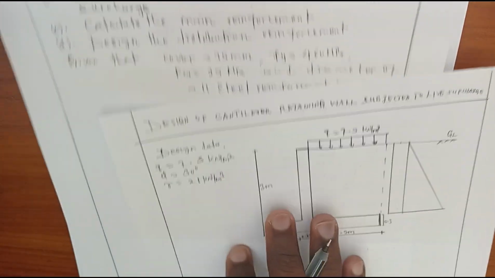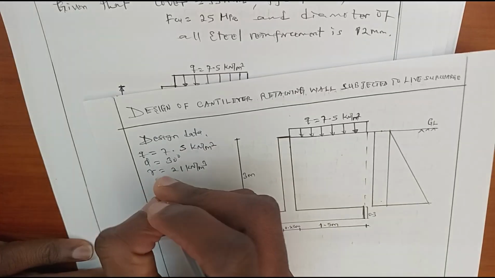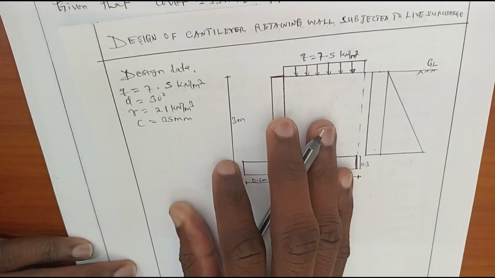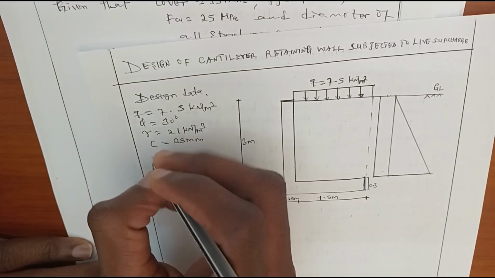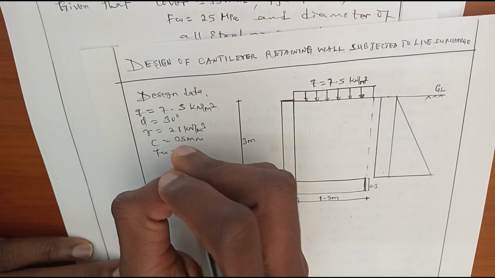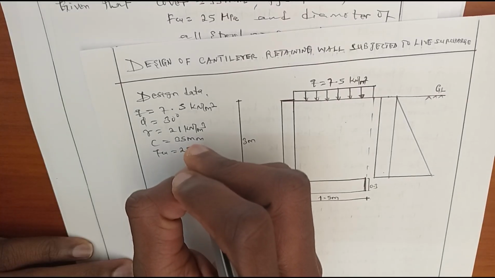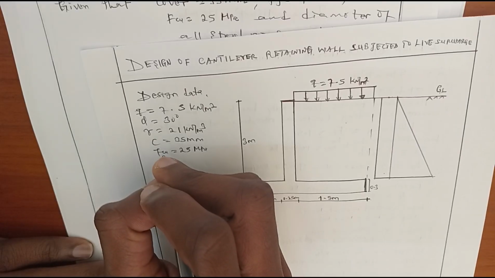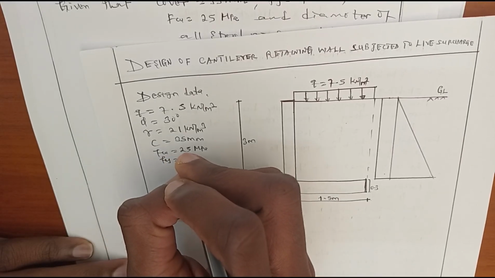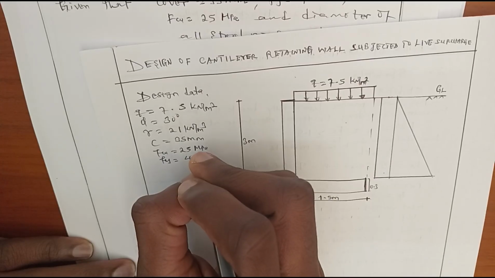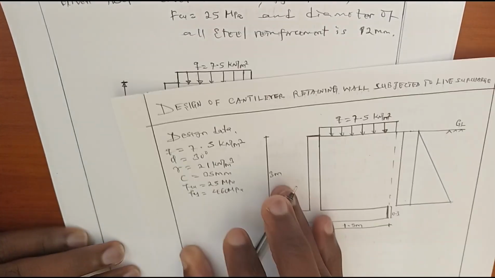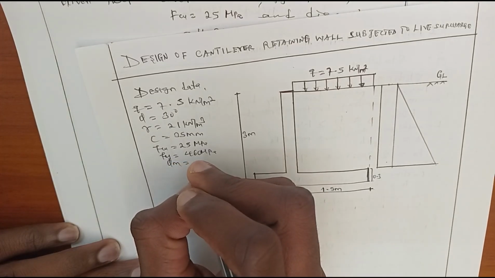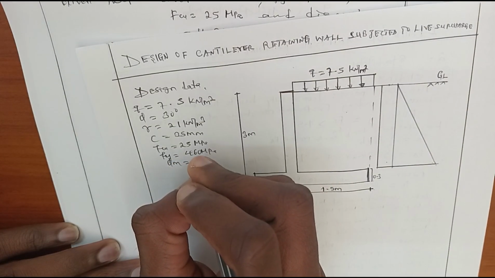Also, we are given a concrete cover of 35 millimeter. Also, FCU is 25 MPa, Newton per millimeter square. The reinforcement strength, FY, is 460 MPa. Also, the diameter of all reinforcement is 12 millimeter.